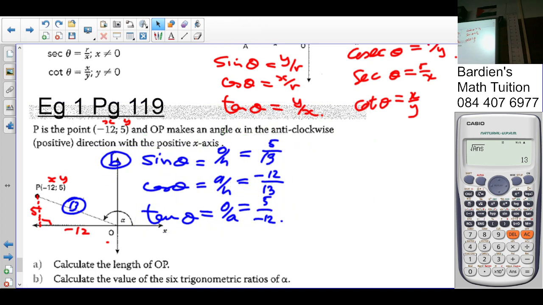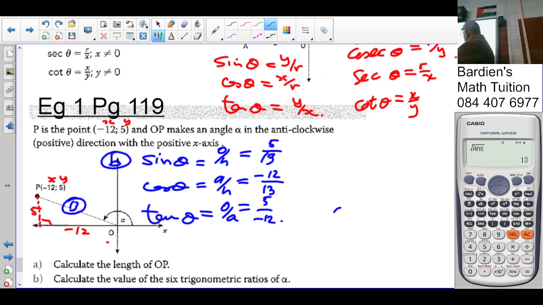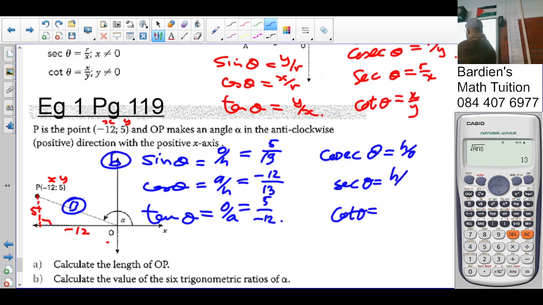So you've got sine, cos, tan. Then what do we have on the other side? Cot, sec, cosec. These are the reciprocal functions.